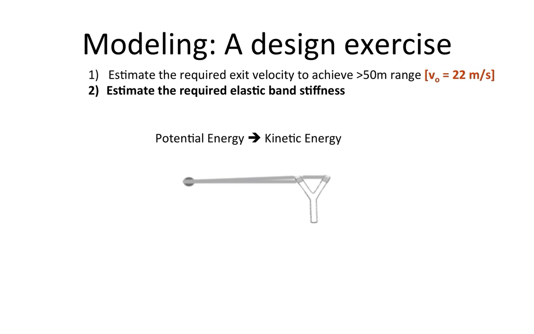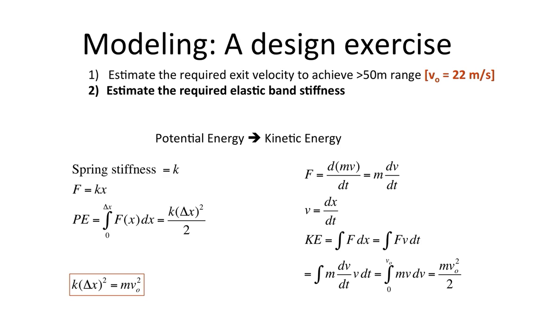Next, we estimate the required elastic band stiffness to achieve the velocity of 22 meters per second. This is a problem of converting potential energy into kinetic energy. Given that the spring of the elastic band has a stiffness k, we can find that the potential energy is k times the amount that we stretch the band squared, over 2.